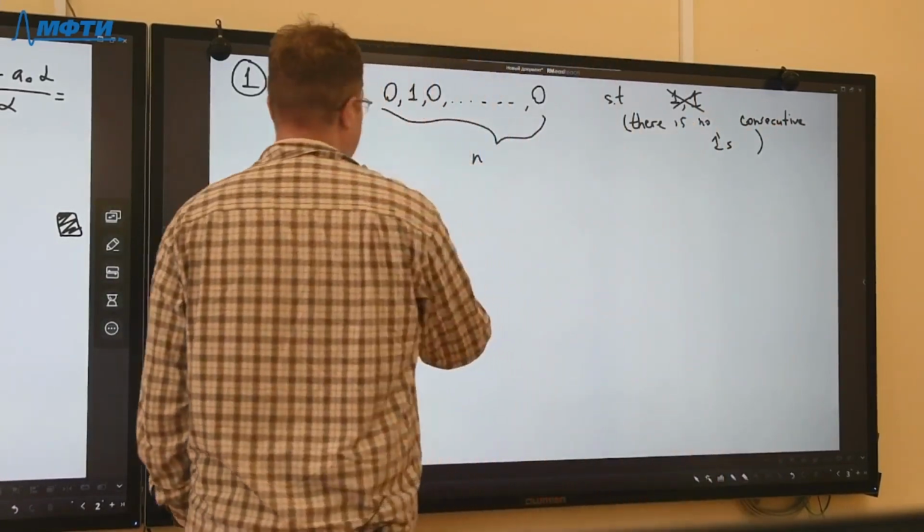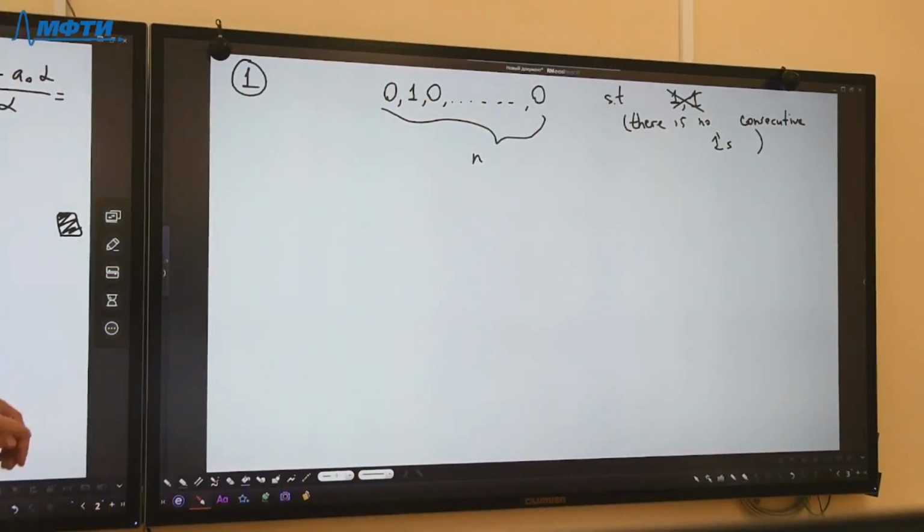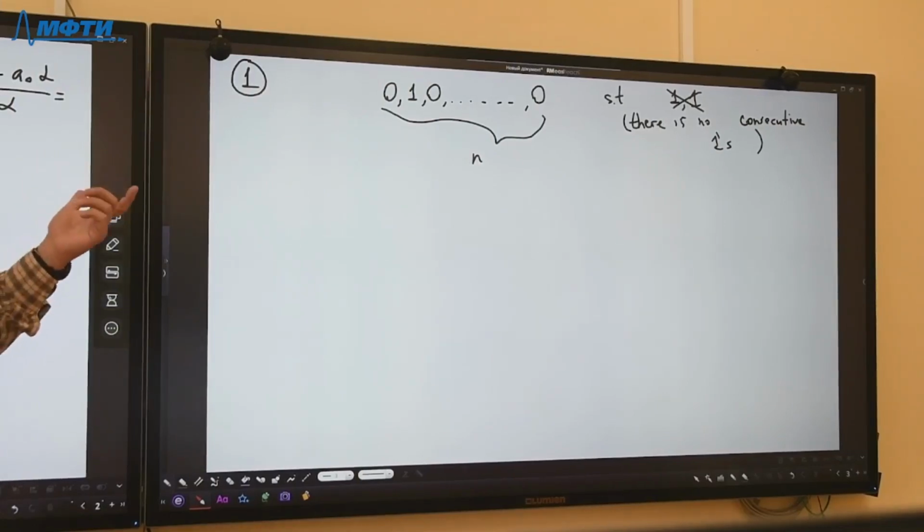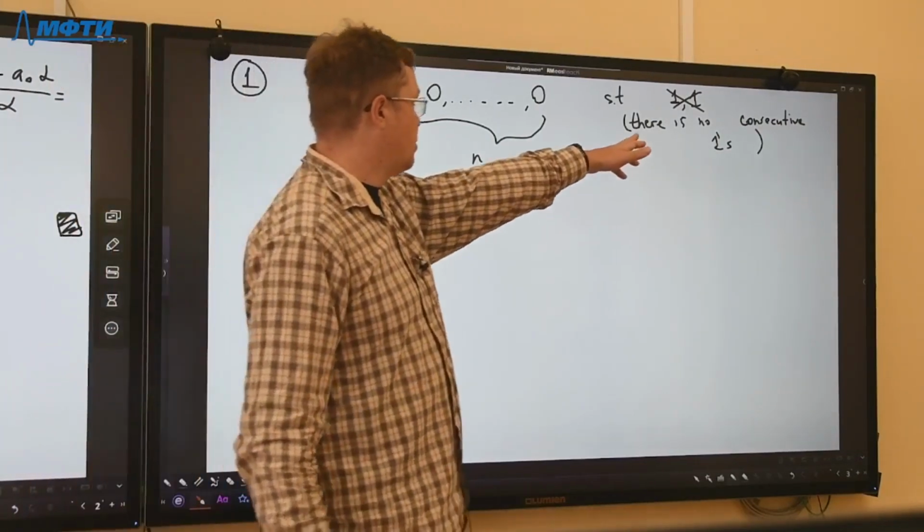So a_n is the number of all sequences of zeros and ones of length n, such that there are no consecutive ones in this sequence.